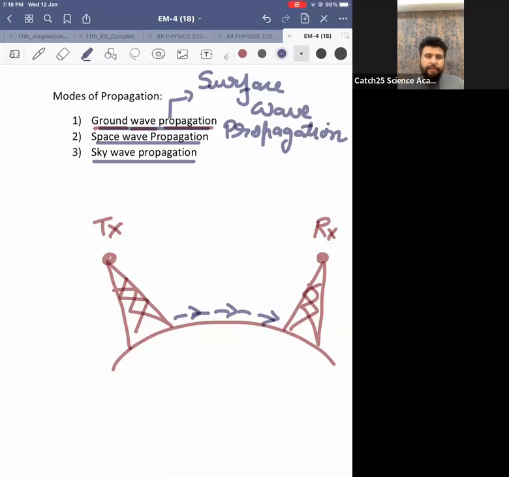When radio waves travel from transmitting antenna to the receiving antenna along the surface of the earth, it is called ground wave propagation or surface wave propagation. Is this much clear? Therefore, write down.